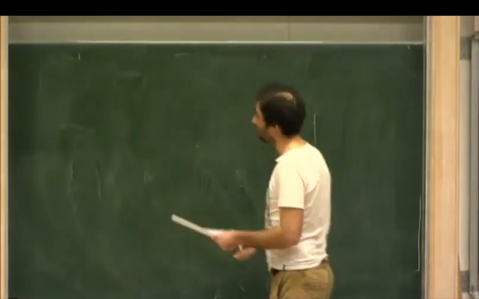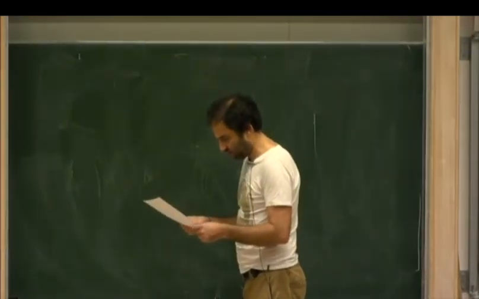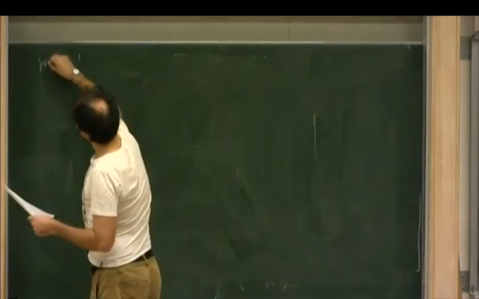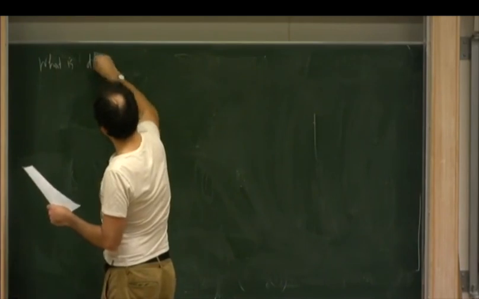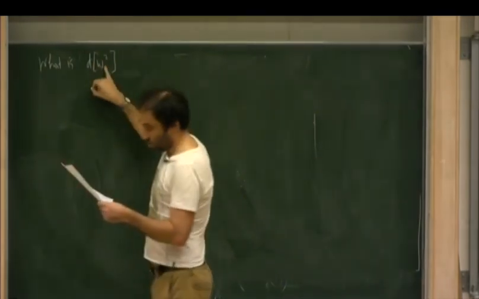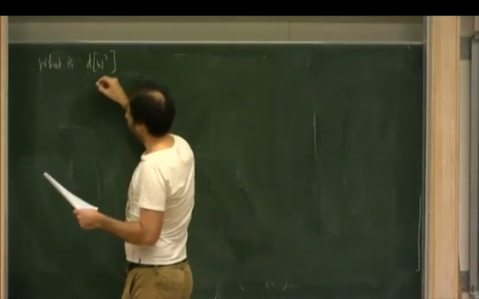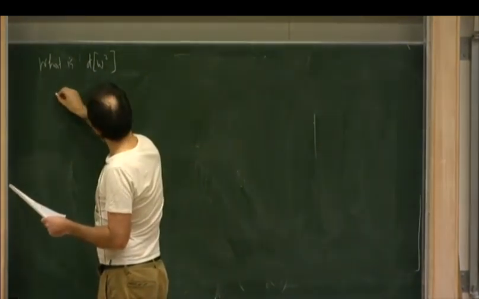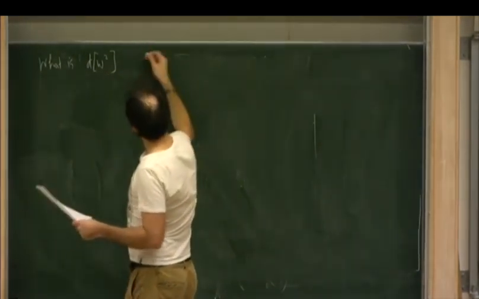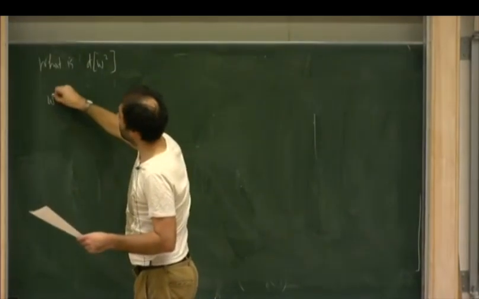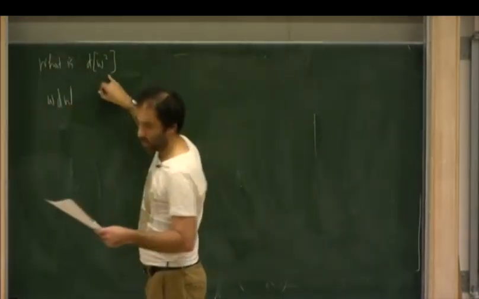Again, this is now some mathematical treatment that we have to understand. What is d of ω squared? And for this, I'll propose to compare this with ω dω, right?